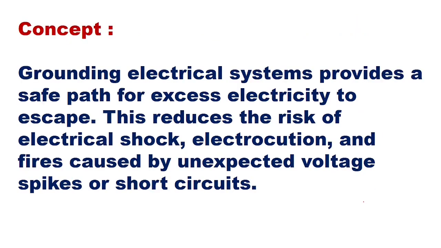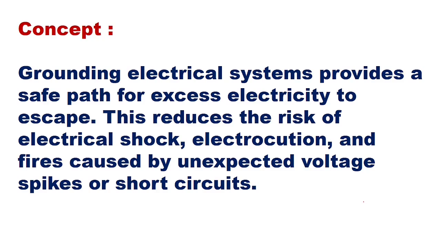And the concept says that grounding electrical systems provides a safe path for excess electricity to escape. This reduces the risk of electrical shock, electrocution, and fires caused by unexpected voltage spikes or short circuits. Now, excess electricity can be due to electrical faults or short circuits.